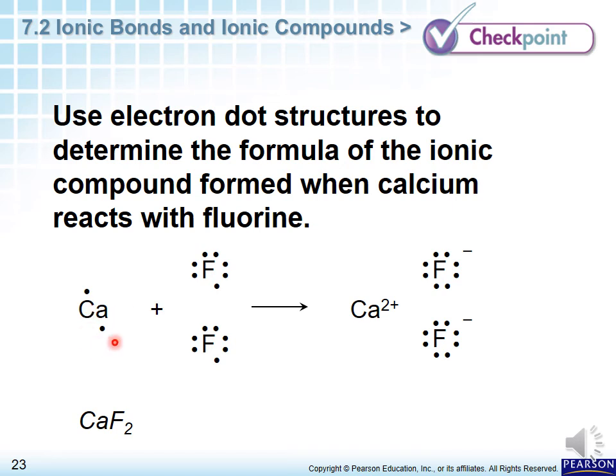So 2 fluorine atoms need to combine with this calcium. Calcium loses 2 electrons and becomes a 2 positive ion, and each fluorine gains 1 electron to become a fluoride ion. After the combination, the formula will be CaF2, 1 calcium ion and 2 fluoride ions.